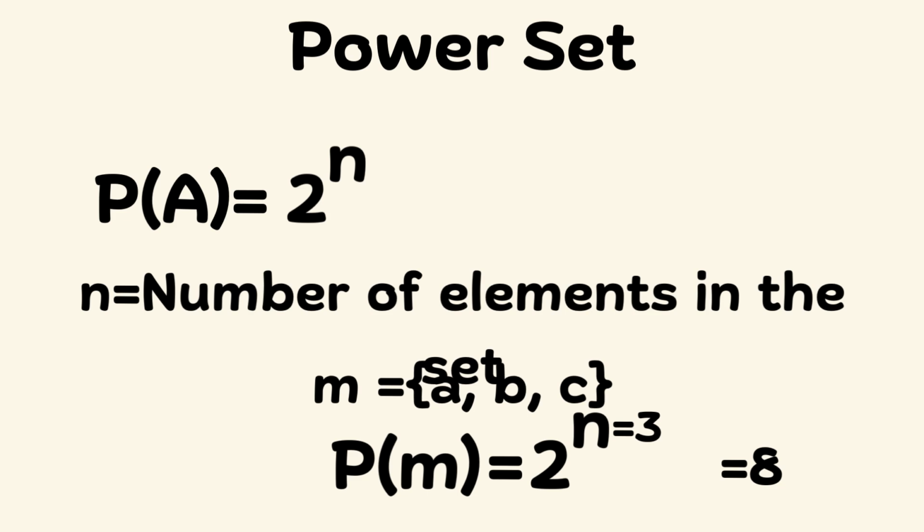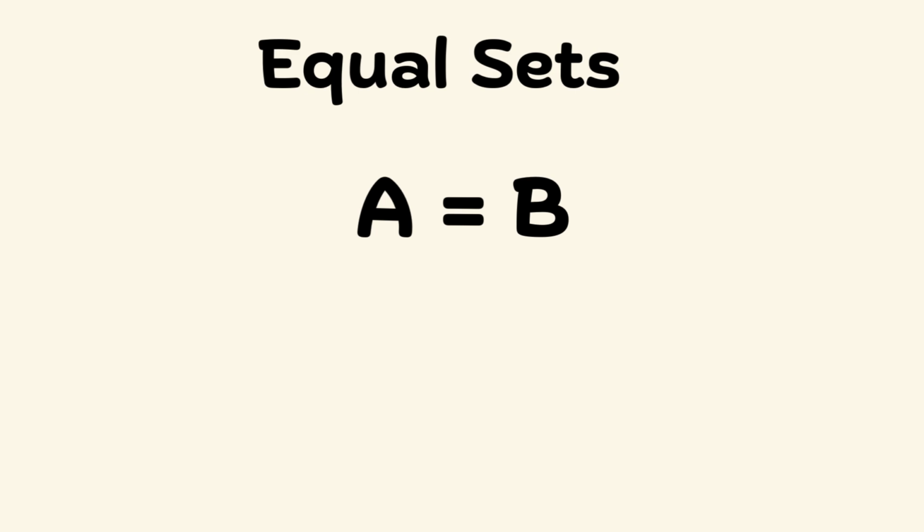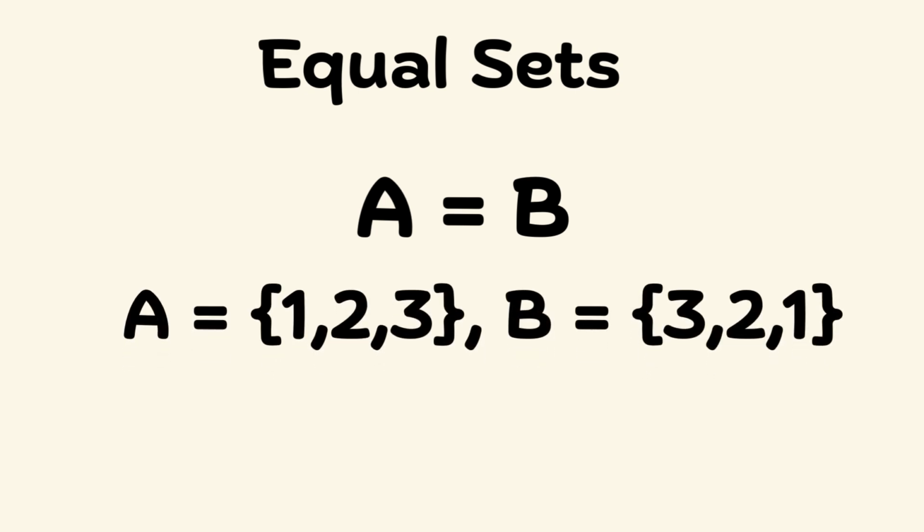So this leads us to equal sets. Equal sets is when two sets have exactly the same elements. Not the same amount of elements, but exactly the same elements. So for example, if set A has 1, 2, and 3, set B will also have 1, 2, and 3.